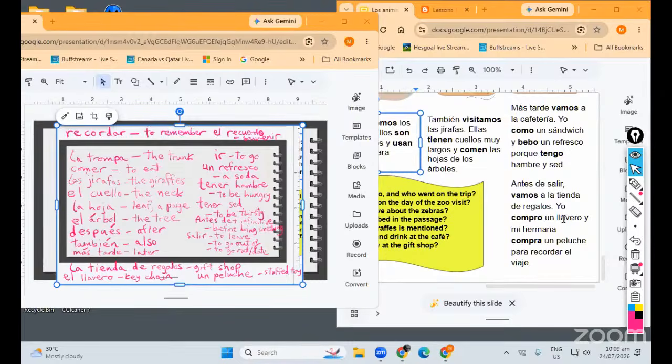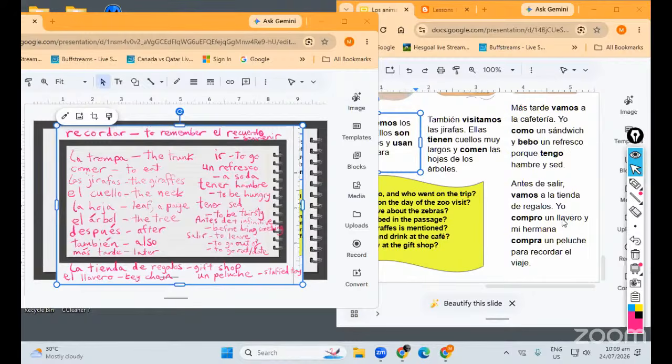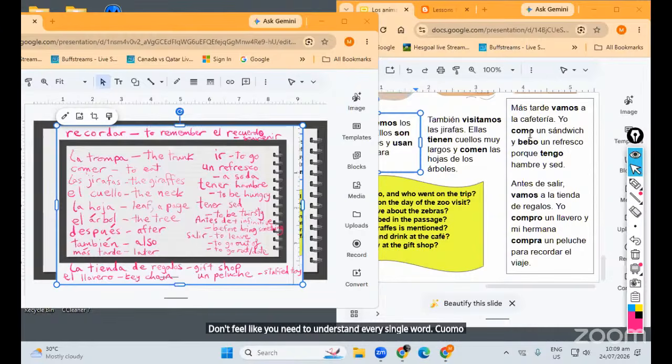Now, guys, you don't need a one-to-one translation to understand what is in the passage, right? Don't feel like you need to understand every single word. Como up here is from comer, to eat.